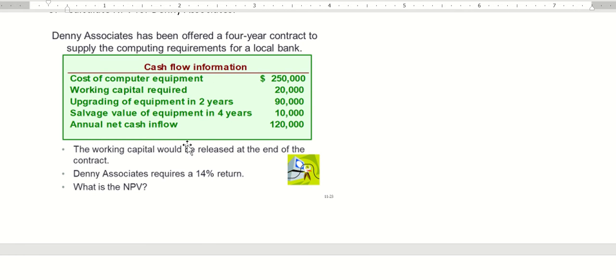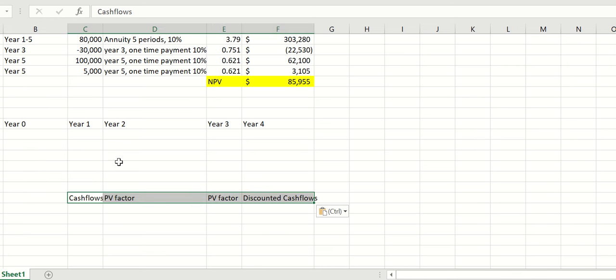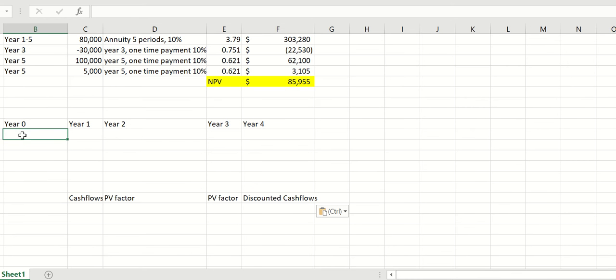The $20,000 working capital will be released at the end of the contract, so it's an outflow in the beginning. We need some sort of equipment at the beginning of the project, but it can be released and be an inflow at the end of the project. So let's set that up, $250,000 in year 0, outflow.